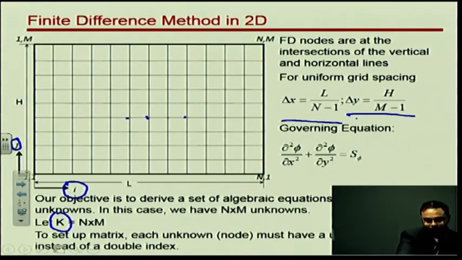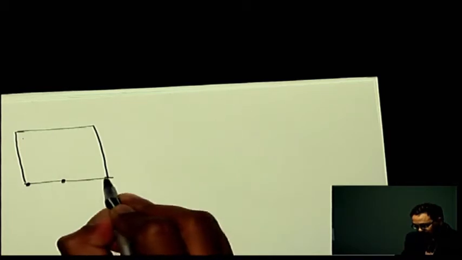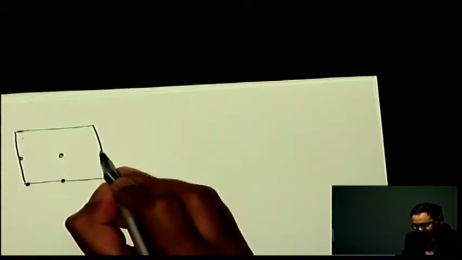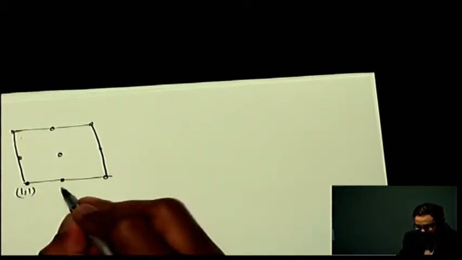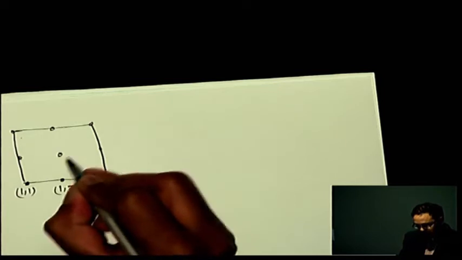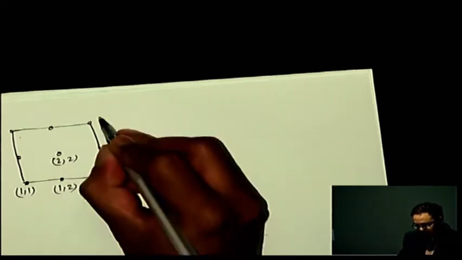Say I have just a 3 by 3 mesh with nodes here. This is 1 comma 1, this is 1 comma 2, this is 2 comma 2, and so on. This is 3 comma 3.